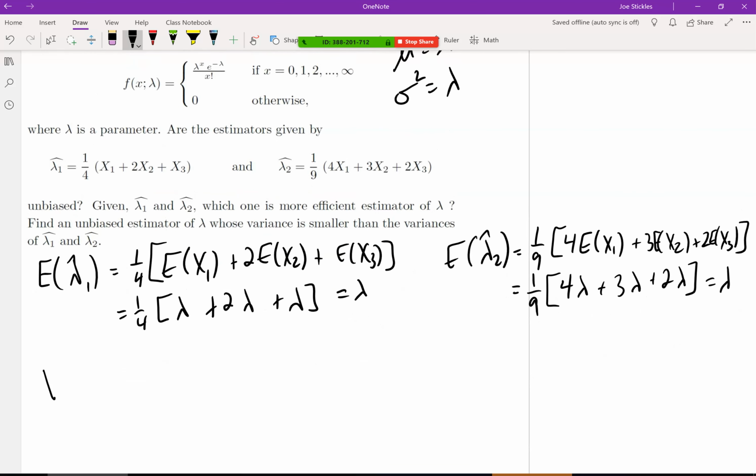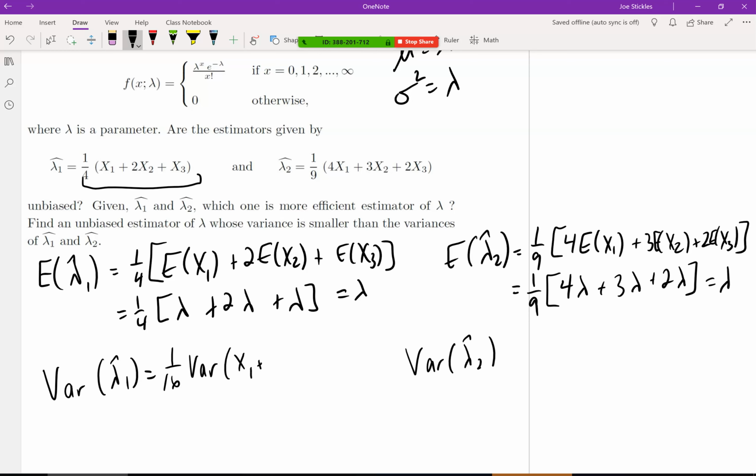Now we want to check their variances, and we're going to do the same kind of thing that we just did. When I take the variance of this first piece, the first thing we have to do is pull out that constant, and when we do that, we have to square it. So that'll be 1/16, and then the variance of x1 plus 2x2 plus x3.